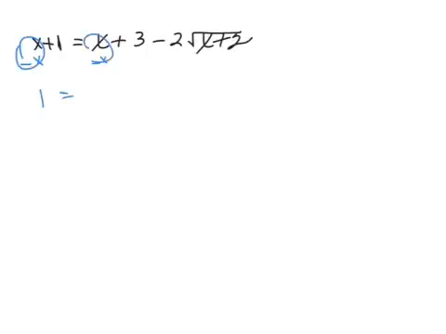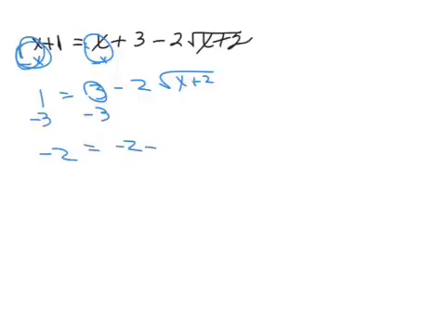Really, x minus x got rid of that one there and that one. Now we're going to subtract 3 from both sides. 1 minus 3 is negative 2. Divide by negative 2, and that gives me 1 equals, those cancel.